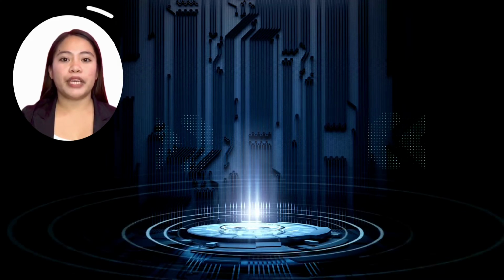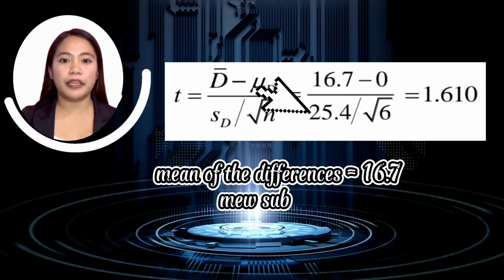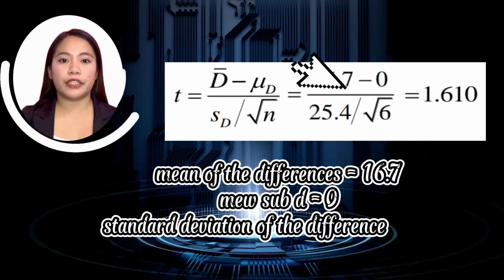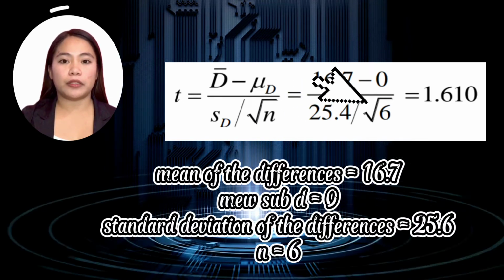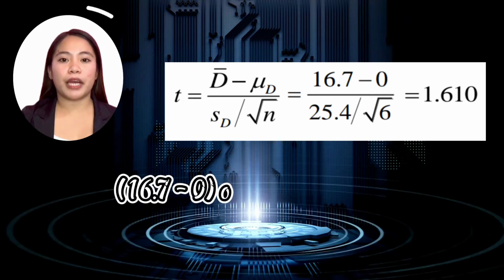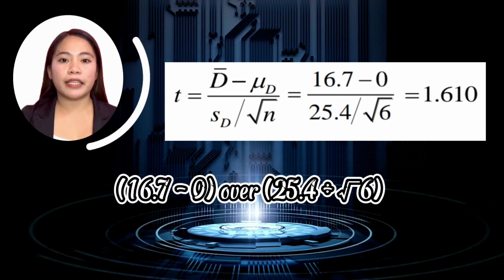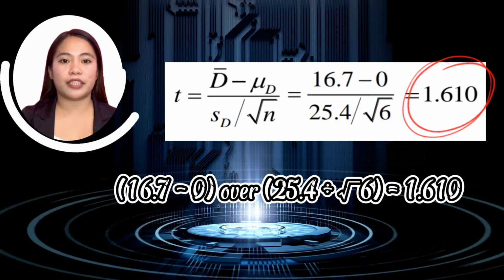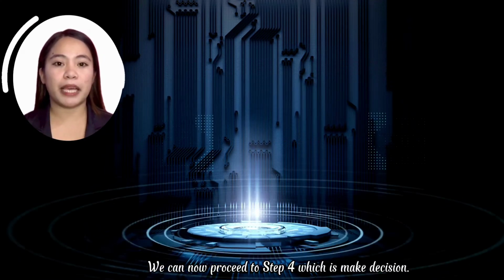We have the mean of the differences is equal to 16.7, mu sub d is equal to 0, standard deviation of the differences is equal to 25.6, and n is equal to 6. Now we have 16.7 minus 0 over 25.4 divided by the square root of 6 is equal to 1.610.